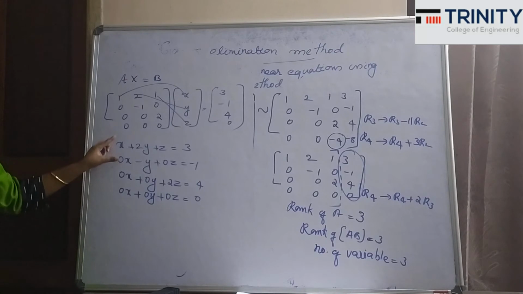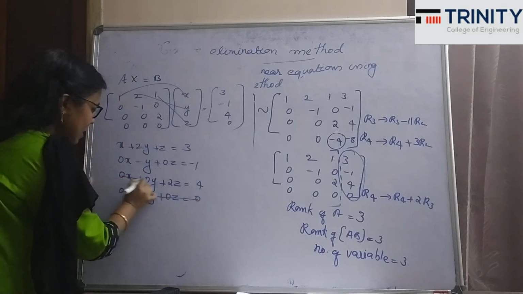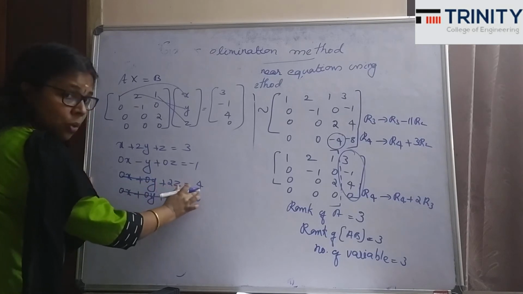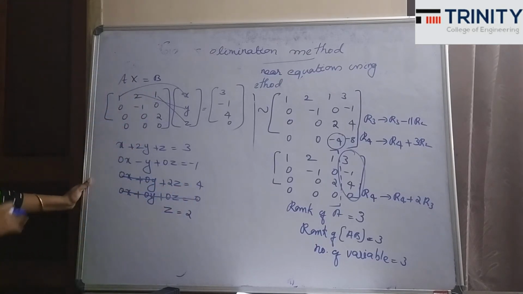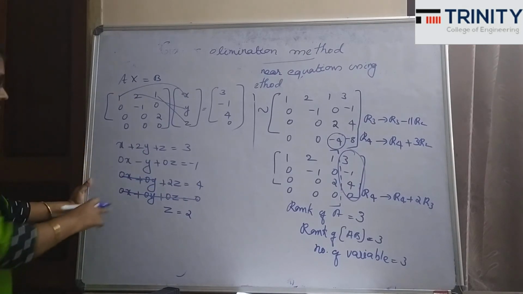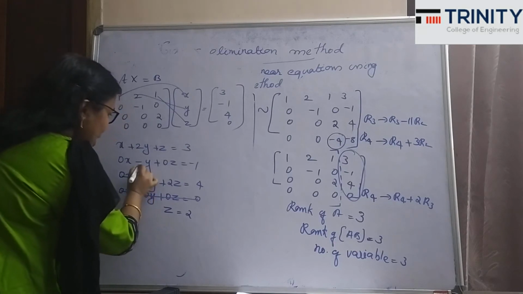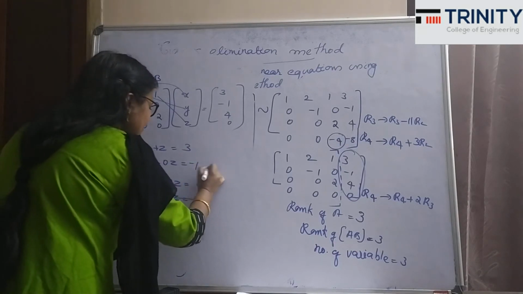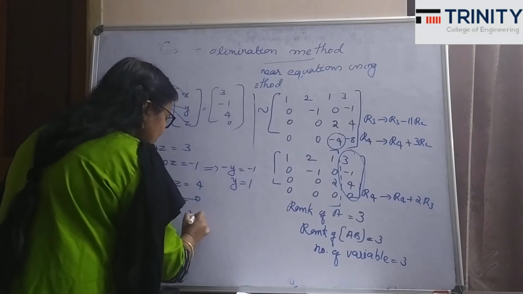Here we get 3 equations. 2z equals 4, therefore z equals 2. Then by back substitution we get the values for y and x. Here, minus y equals minus 1, that is y equals 1.